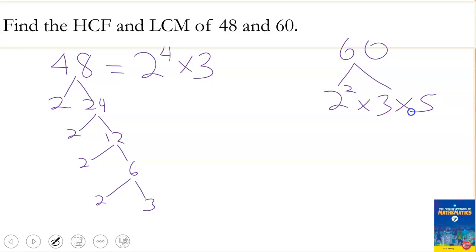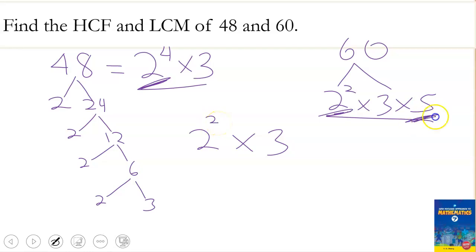Now, how do we find the highest common factor of these? To find the highest common factor, we first ask ourselves, among these numbers, which of them are common to both sides? We can see 2 is common, and we can also see 3 is common. With the 2, we have the exponent of 4 and the exponent of 2. The least exponent is 2, so we put 2 here.